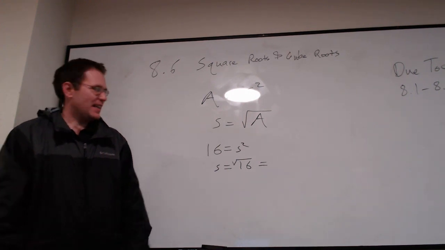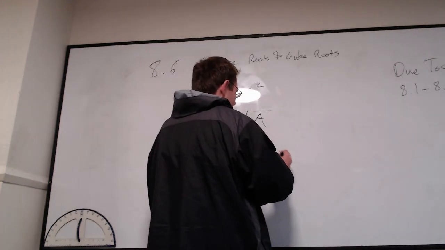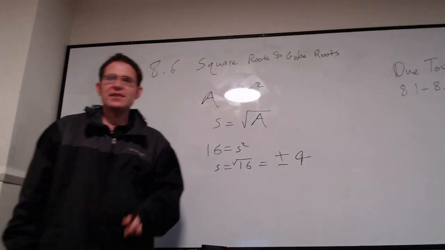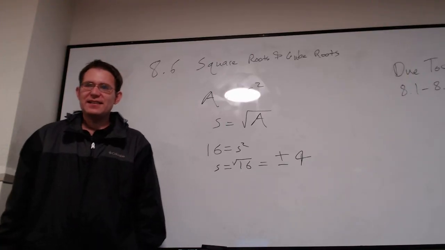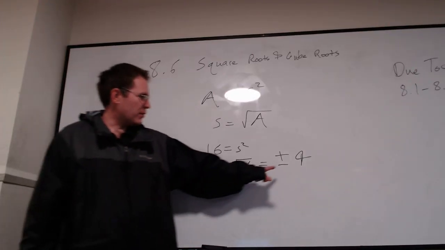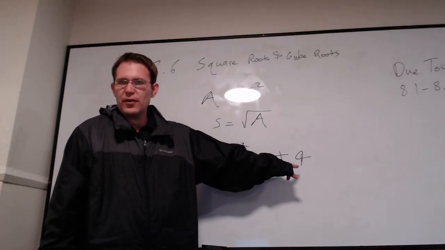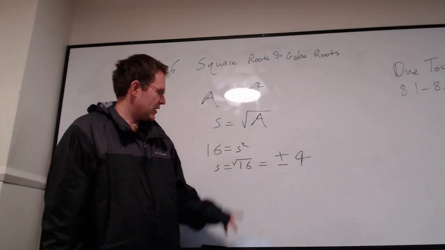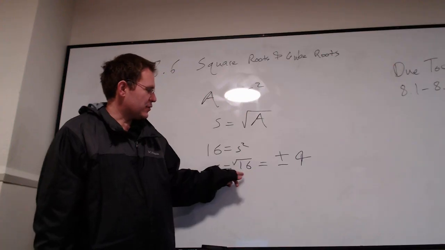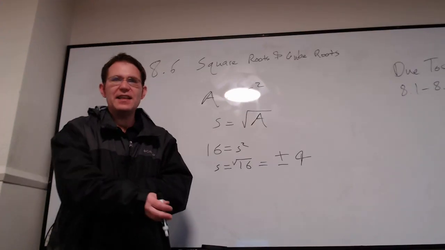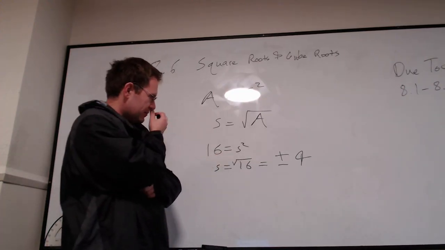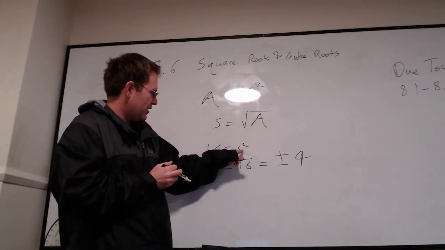Okay, so it's plus minus 4. That means it's either a positive 4 or a negative 4, because both of them solve this. Remember we talked about yesterday the even exponents.